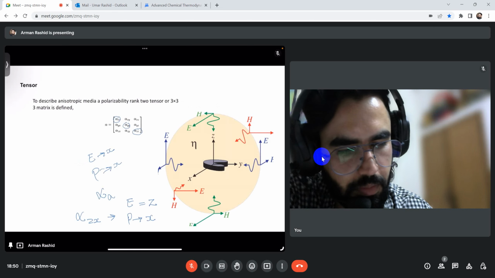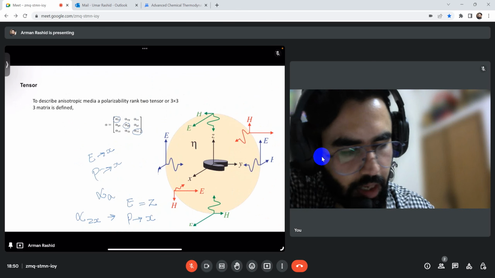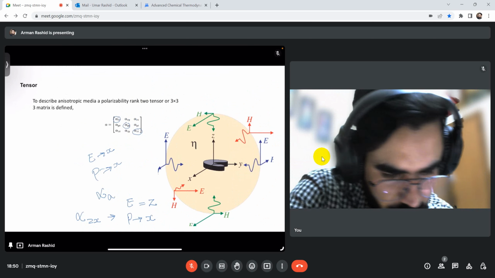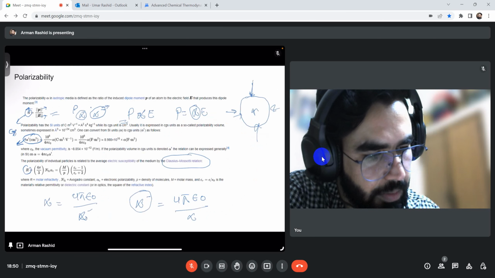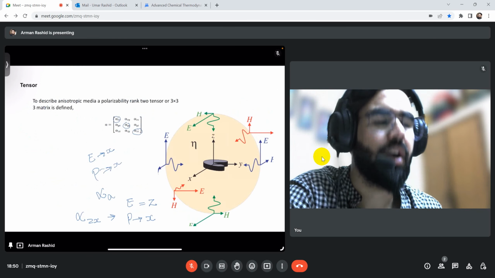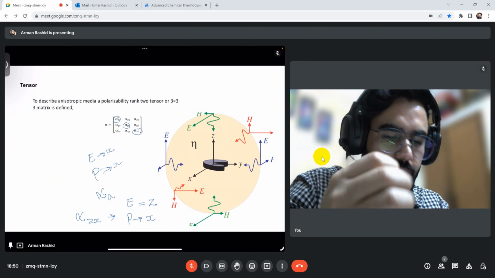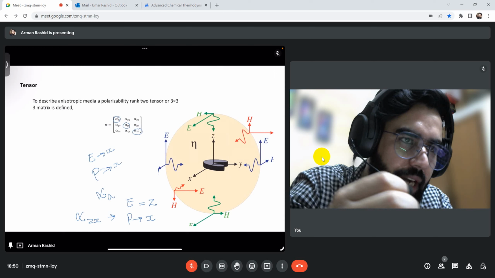Now this polarizability can be related to a number of properties of the system. The first property is relative permittivity, or dielectric constant. This tells us that when we put two dipoles or two electronic charges inside a medium, they attract each other.